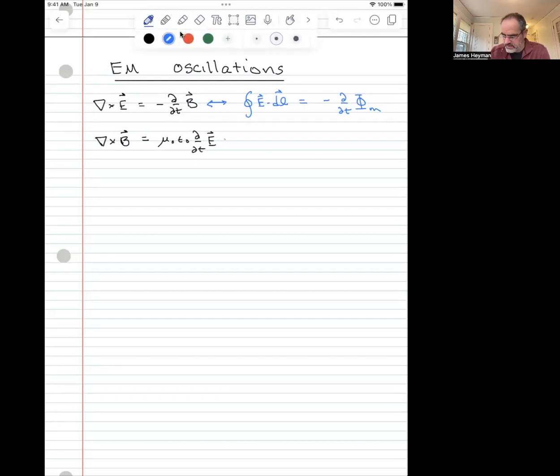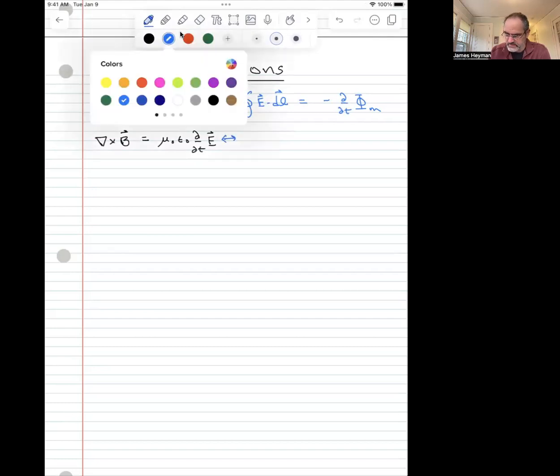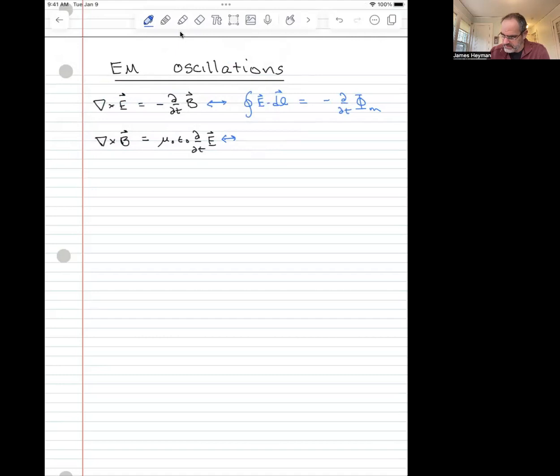Or expressed as an integral equation here, it says that the integral of the magnetic field around a closed loop is given by mu naught epsilon naught times the rate of change of the electric flux. Okay?